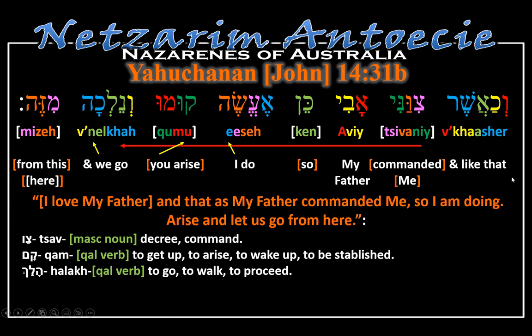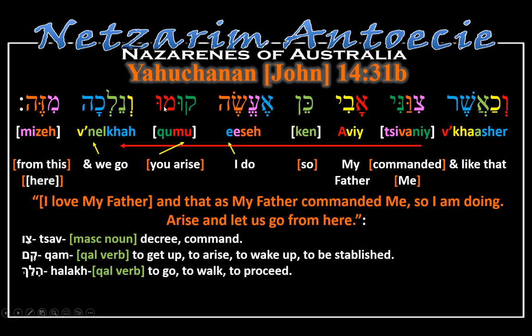And like that, Sivani commanded me. Again, the ni is me, right? Sava means to command. Avi, meaning my father. Ken, so. Say, I do, because the aleph is the pronoun in this case. I do. And say means to do, to make, to produce.